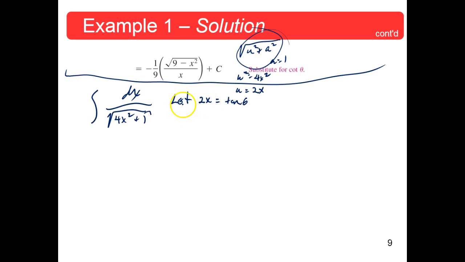Then give me the then. Now, we could do this if you wanted to. Divide both sides by 2. Okay with that? So that would give you x equal 1/2 tan theta. How about that? It's pretty simple.